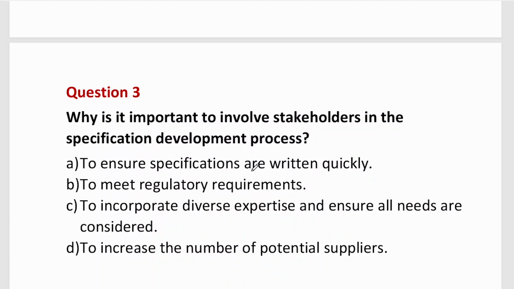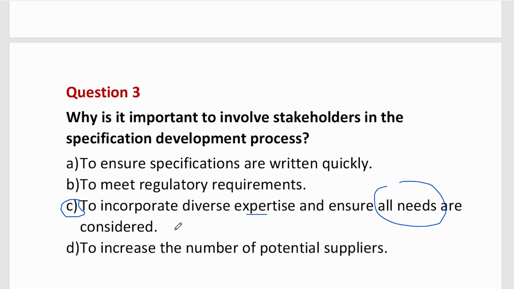Now, here's another one. Why is it important to involve stakeholders in specification development? To ensure specifications are written quickly? Is it that one? To meet regulatory requirements? To incorporate diverse expertise and ensure all needs are considered? Or to increase the number of potential suppliers? Well, the moment you're talking about stakeholders, then we need to ensure that all needs are considered.